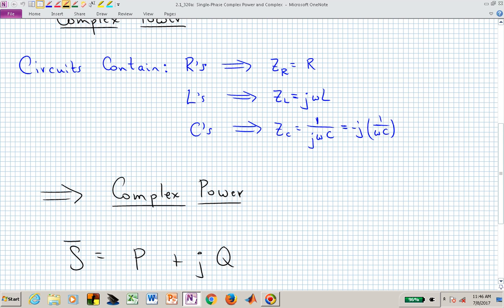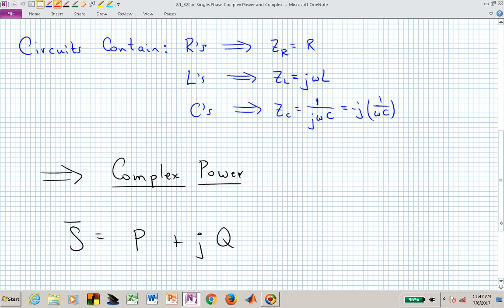Or if we look at it now as complex power consisting of a real part, which we've defined as P, and an imaginary component, which we've defined as Q, and that's our reactive power, we then end up with a complex quantity, which is our complex power.